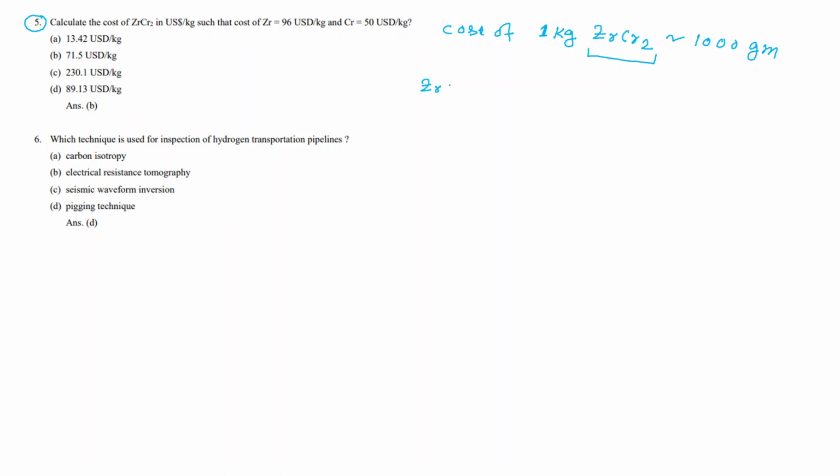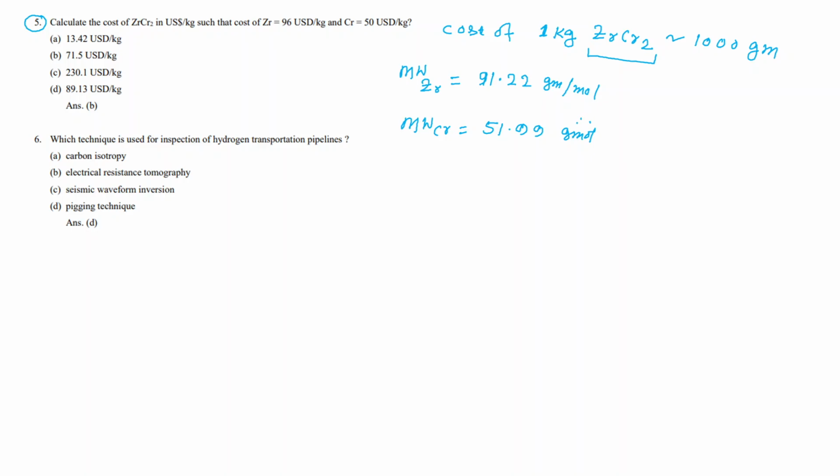So the molecular weight of Zr equals, you can search from the internet also, 91.22. This is the molecular weight, that means gram per mole. And the molecular weight of Cr, chromium, is 51.99 gram per mole.